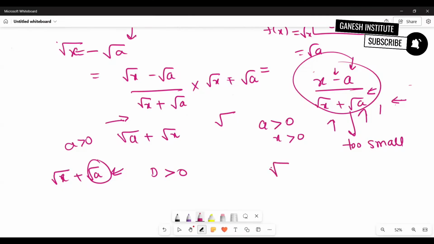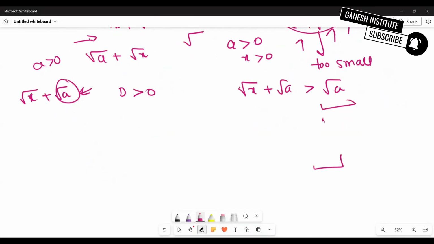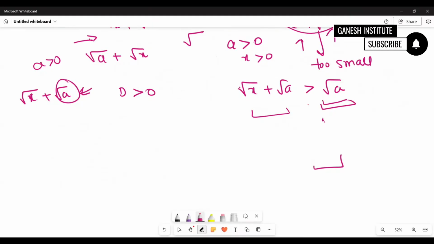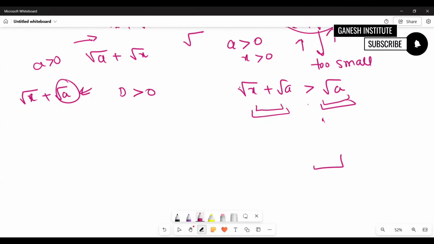Can you say that root x plus root a is of course greater than root a? Yes, because they are only being added and it has to be positive, otherwise you get complex numbers. Also, because root a is a number, and you are adding root x to it, this is giving it more weightage.